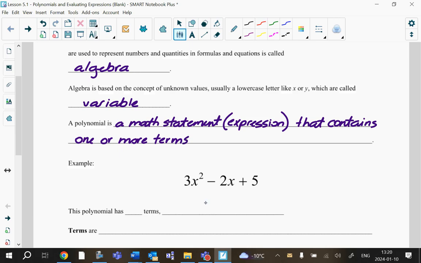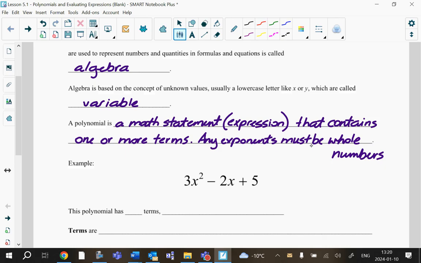There's one other thing for polynomial. Because you may see exponents in them, any exponents must be whole numbers. Okay. So a polynomial is an expression.